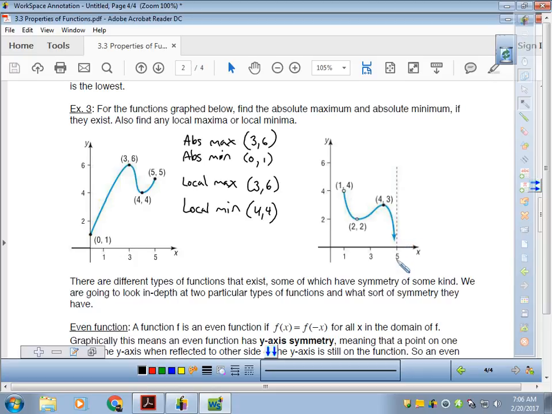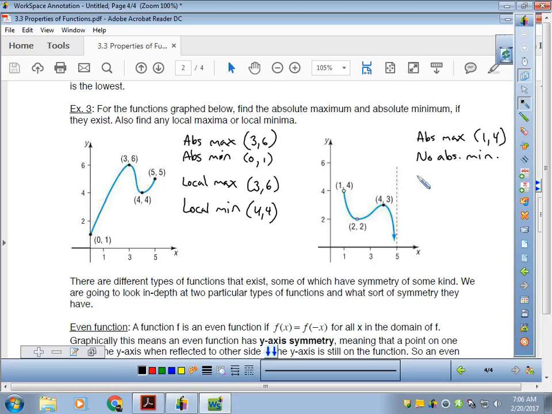This is going to continue decreasing forever, so I can already say there is no absolute minimum. I can look for an absolute max, though. What is the absolute highest point on this graph? Well, it's this point right here at 1, 4.